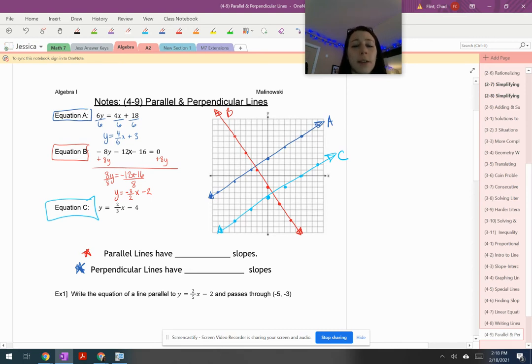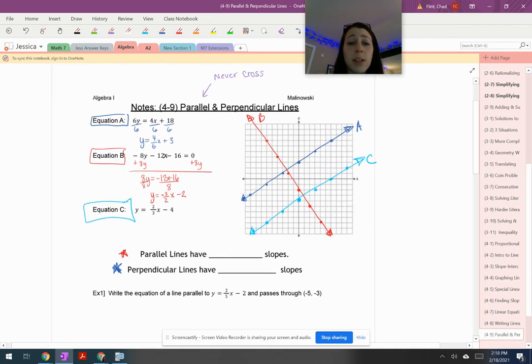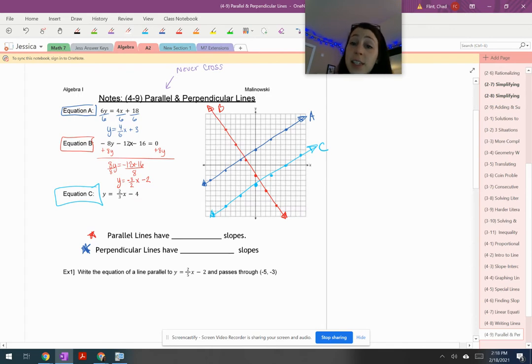Thinking about what parallel means, let's also remind ourselves real quick: parallel means those lines will never cross or intersect. So clearly, based on my picture, line A and line C are never going to cross. Well, what do we notice about the slope of equation A and equation C?